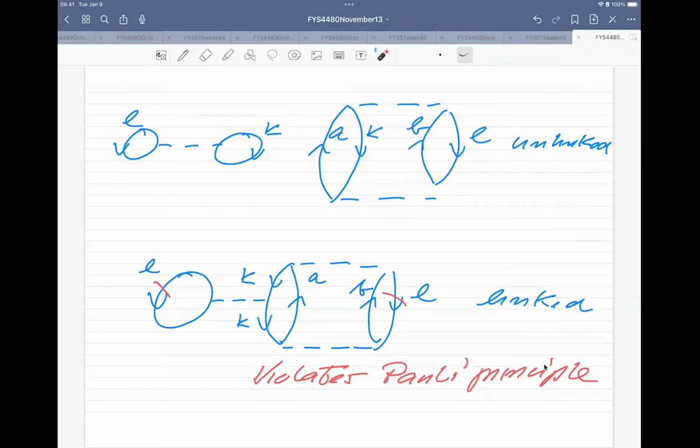So the linked diagram theorem, which I also have in the slides from last week, simply states that the only diagrams which remain are the diagrams which are linked, and you need to sum freely over all single particle states. So there will be Pauli violating terms, but they will cancel away the unlinked diagrams.